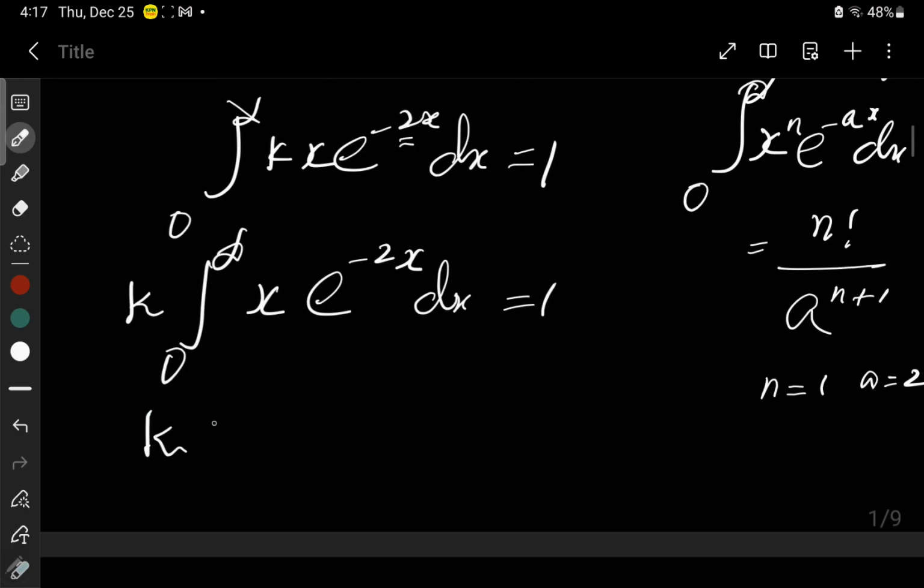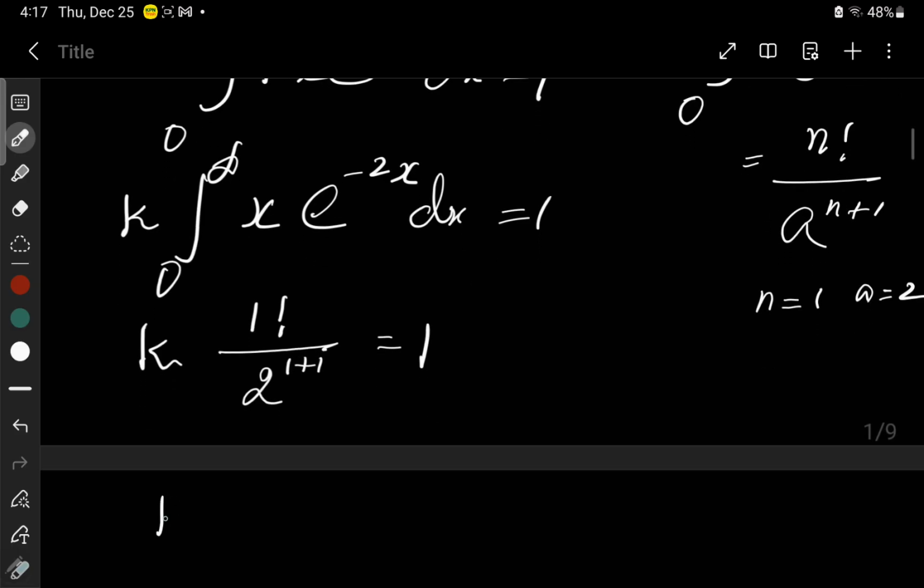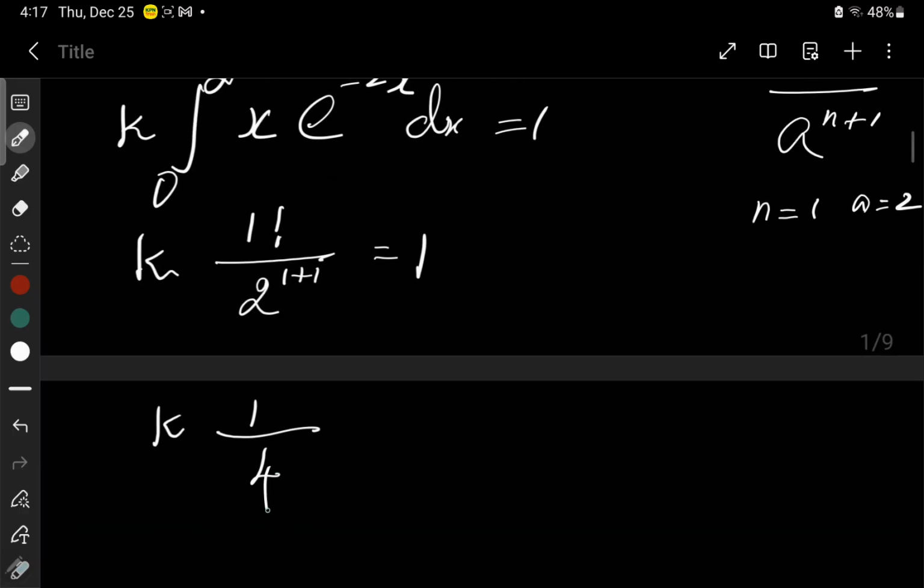So k into n factorial, that is 1 factorial, divided by a power n plus 1, where a is 2: 2 power 1 plus 1. 1 factorial is 1, 1 plus 1 is 2, 2 squared is 4. So k by 4 is equal to 1. Cross multiplying, the value of k is equal to 4.